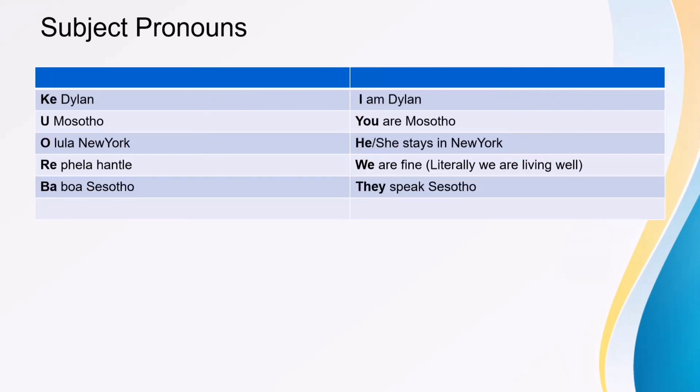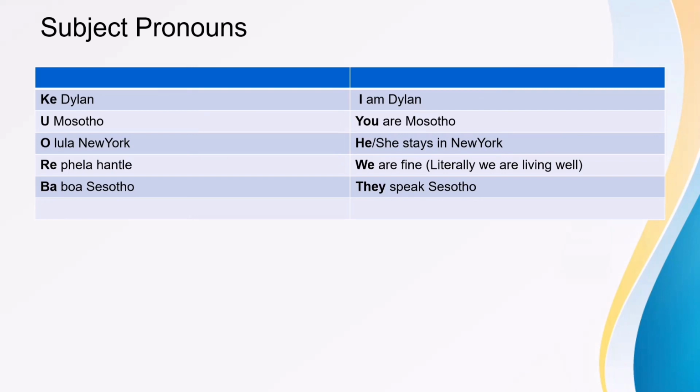And let's try and make short sentences using these subject pronouns. I'm going to start on the right side, with the English side. I am Dylan. Ke Dylan. Whenever you're referring to yourself, the ke is going to be on the lower side, the tone.